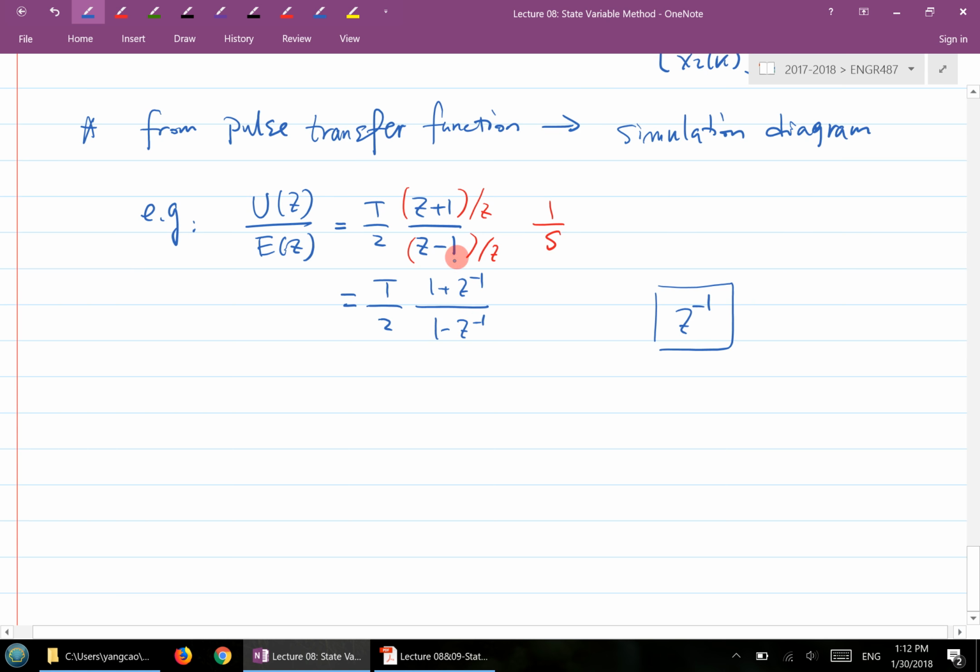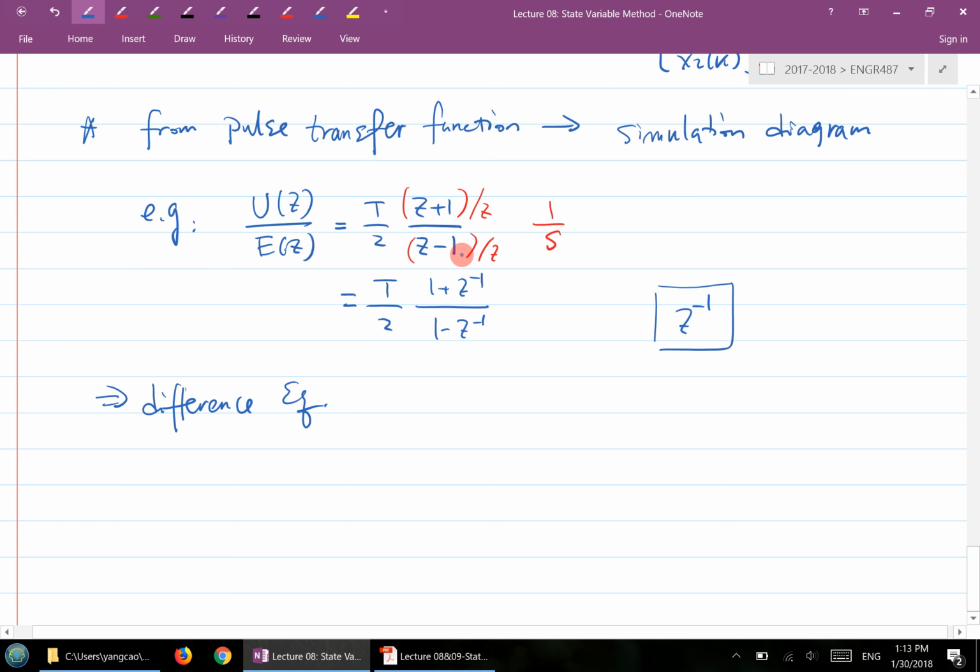Then I'll convert this pulse transfer function into a difference equation. Look at what the difference equation is, and it's very easy. Multiply u of z with the denominator here, and multiply e of z with the numerator here.